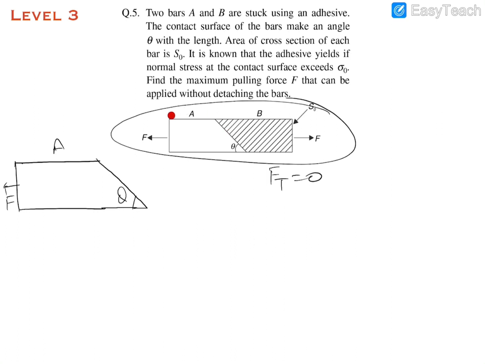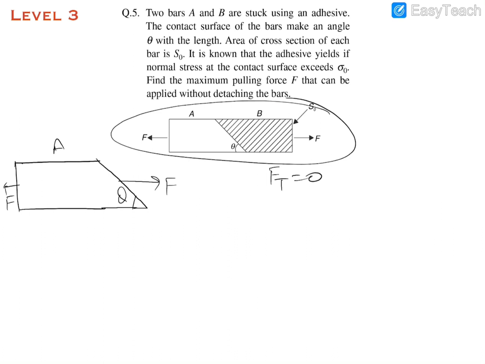So on each bar the total force is 0. If this bar is being pulled towards the left side with a force F, then a necessary force F would be acting on this side, applied by the adhesive, and the adhesive is being pulled by bar B. So this bar would remain at rest.